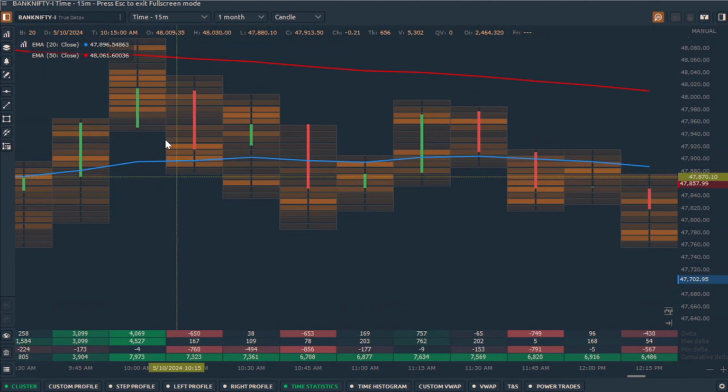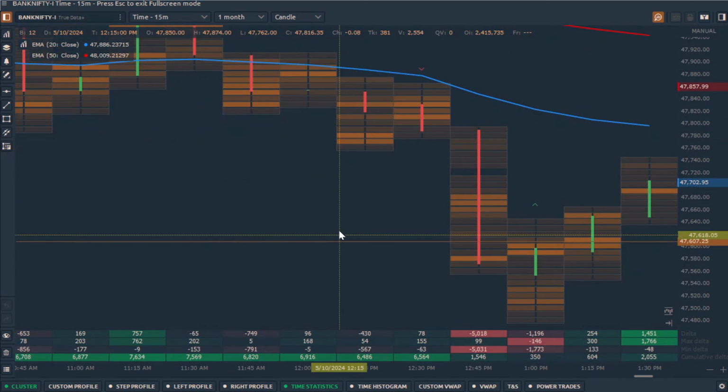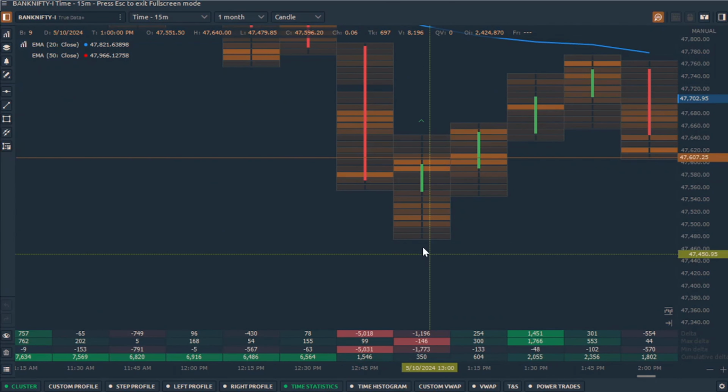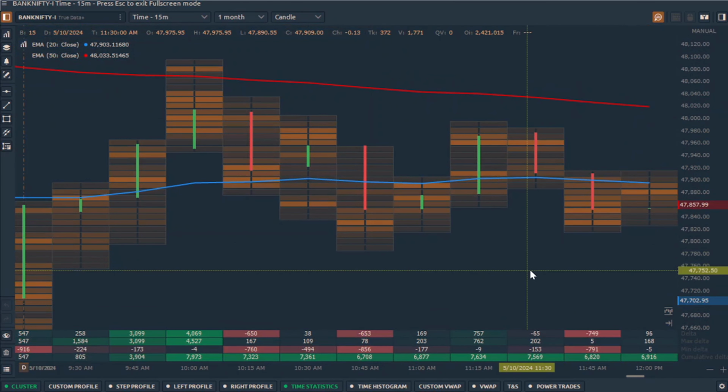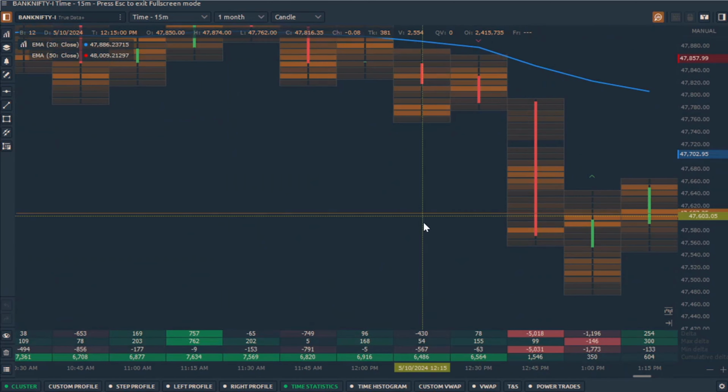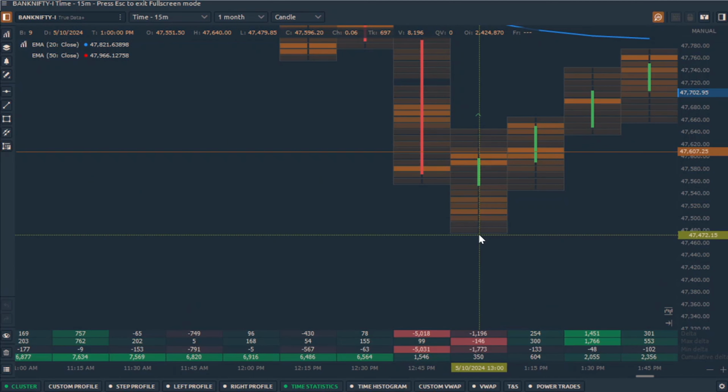For example, the high here was 48,090, and from 48,090 it came down all the way to 47,470, right? So it is basically a good 300 points on Bank Nifty, right?